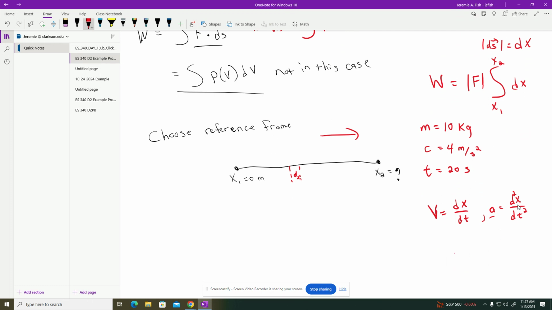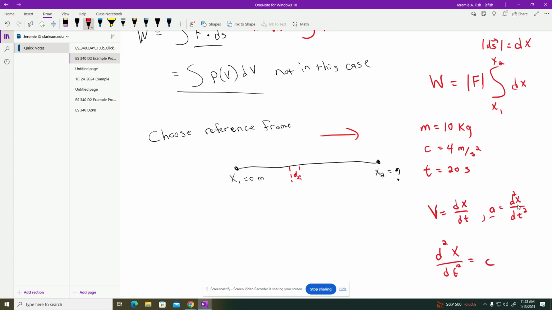And in this case, my d squared x dt squared is just equal to a constant c.